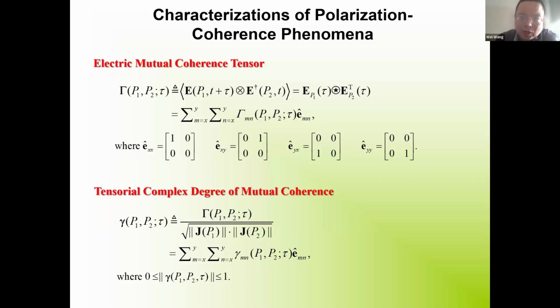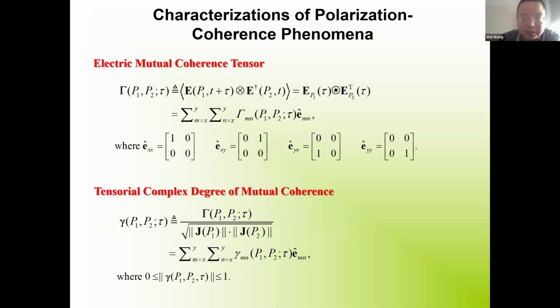In this way, we can understand the mutual coherence matrix as the direct correlation of the electric vector at the 2 different points, P1 and P2, with the time delay of tau. And this is just a matrix. But meanwhile, we can also decompose this matrix in the tensor way.